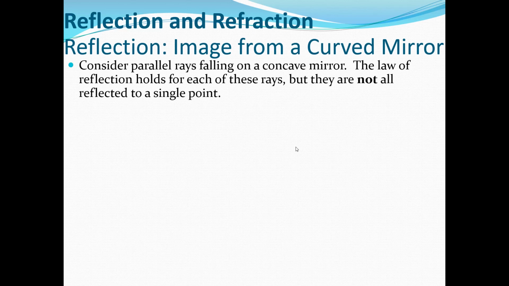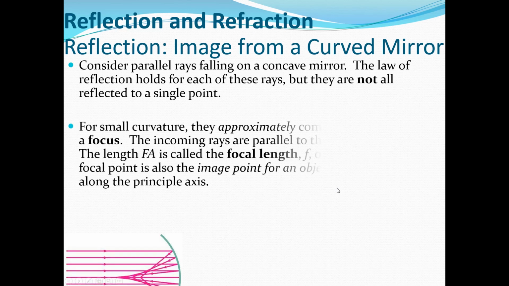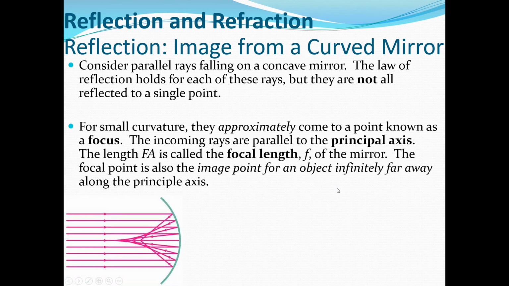So the angles, while always the same relative to the normal line, are going to be bounced off in different ways. And it turns out that they end up coming towards a single point. That point is what we call the focus point.